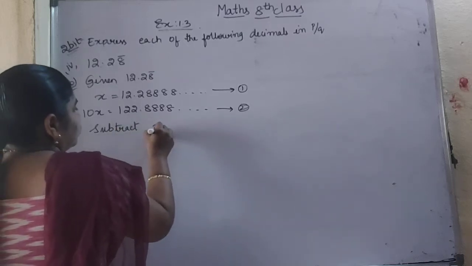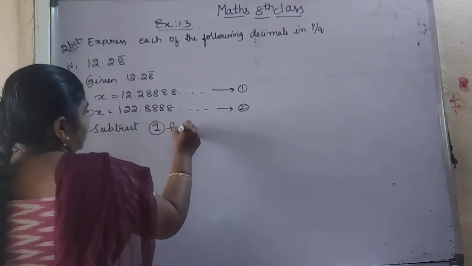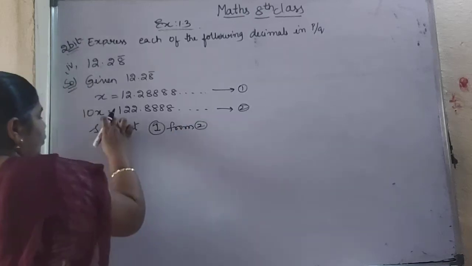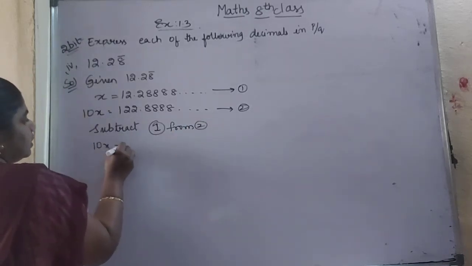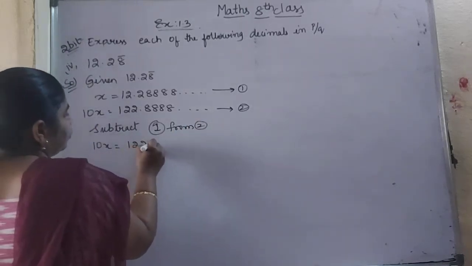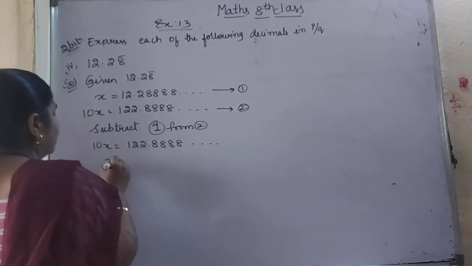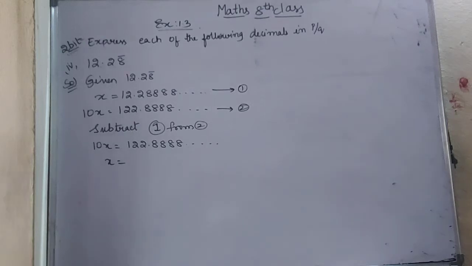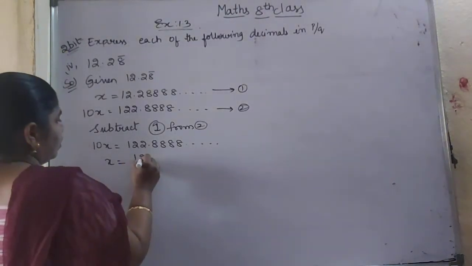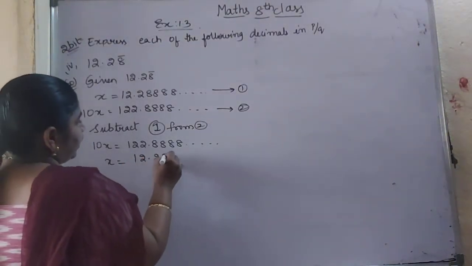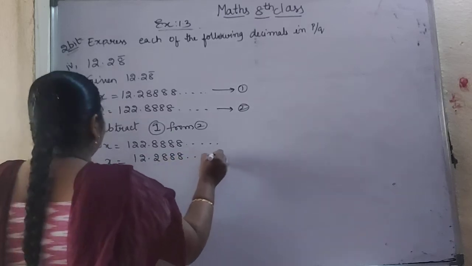Subtract 1 from 2. So what is the second equation? 10x is equal to 122.8888 and so on. And then the first equation is 12.2888 and so on.